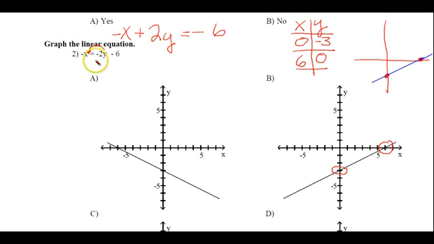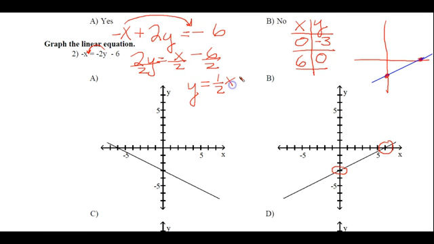Now, another way of doing this would have been, if it's in this position, take this term, bring it over to the other side, and we get 2y equals x minus 6. Now we divide everything by 2, and we end up with y equals 1/2 x minus 3. Now it's in slope-intercept form.